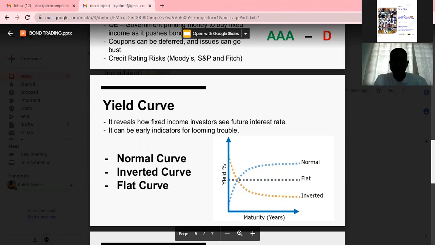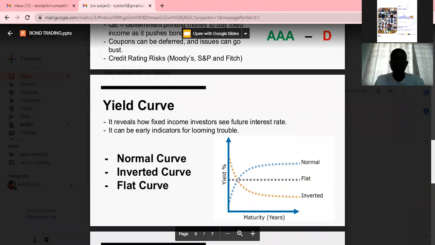But when we come to the inverted curve, what we see here is that the shorter-term securities are rather yielding higher compared to the longer-term securities. And this comes along because of how fixed income investors see future interest rates. If they expect future interest rates to be going down, that's when you have longer-term securities having lower rates compared to the shorter term, because in the shorter term, that's what they see, that's what they know.